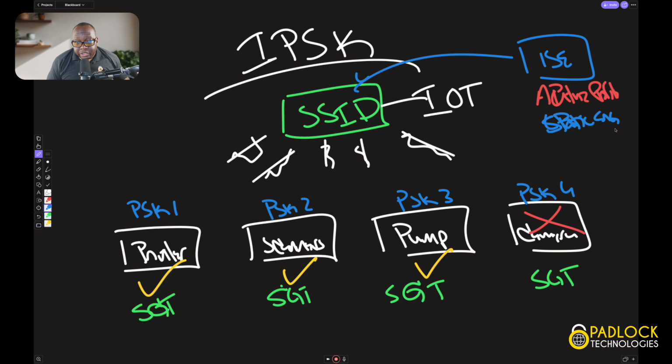The only thing I would say is rotate the keys if you want that type of security, or make sure PSK 1, 2, 3, and 4 aren't similar, because people out here will guess that. They're good at guessing PSKs.